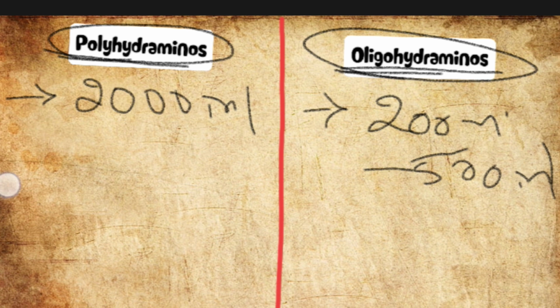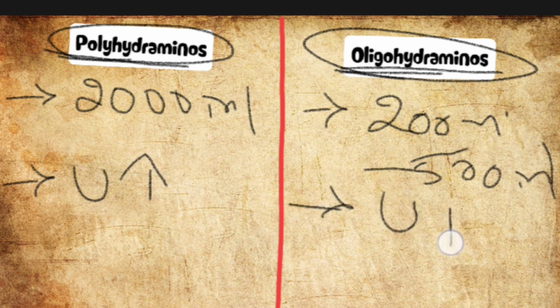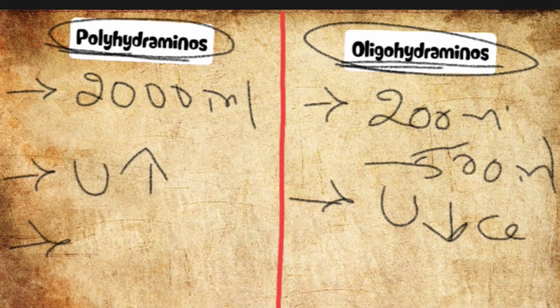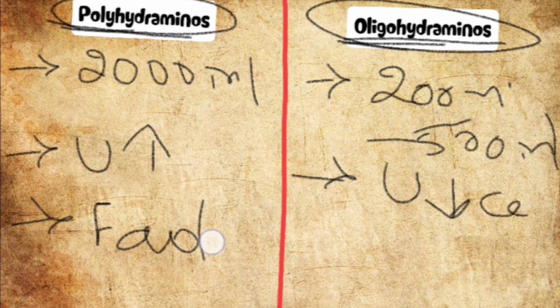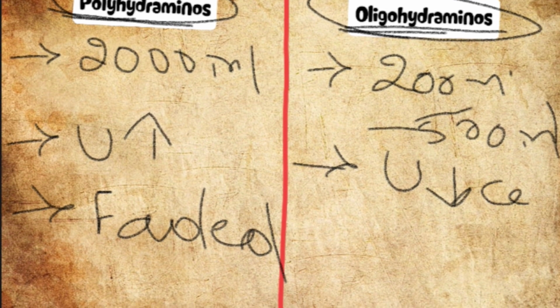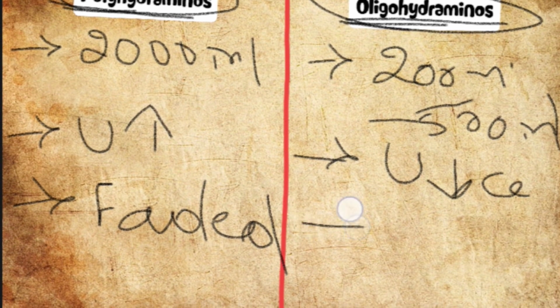In polyhydramnios, the uterus size will be very large. But in oligohydramnios, the uterus size will be very much small. Then in polyhydramnios, we can't hear the fetal heart rate, because of the distance, it cannot be heard properly. And in oligohydramnios also you can't hear the fetal heart rate.